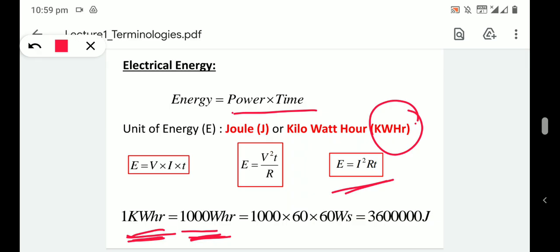So 1000 into 60 into 60 watt seconds. Watt second is nothing but joule. So 1000 into 60 into 60 joules is equal to 1 kilowatt hour.